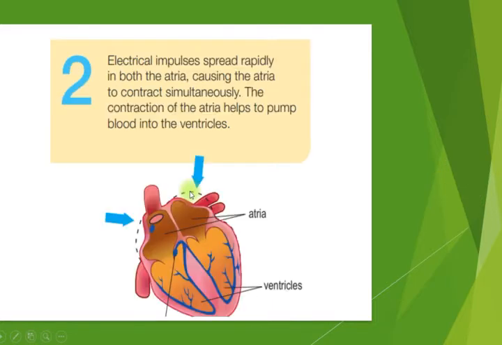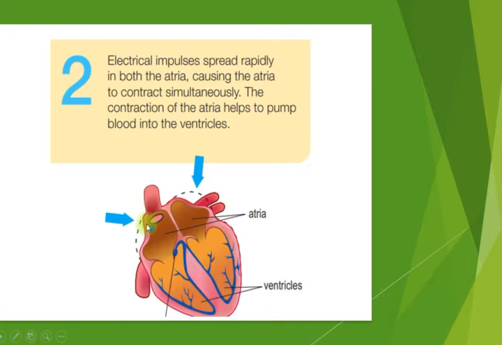Second, the electrical impulse spreads rapidly in both atria, causing the atria to contract simultaneously. The contraction of the atria helps to pump blood into the ventricles.